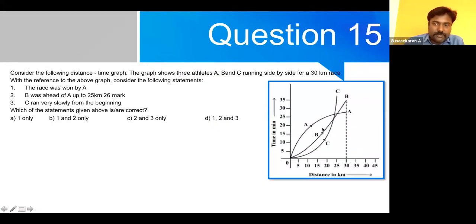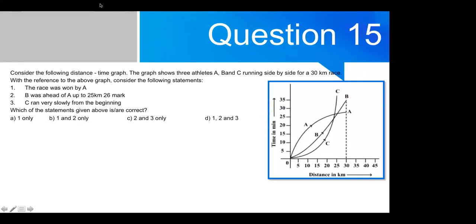Yes, question number 15. Understand the question and tell the answer. Easy question, direct question.